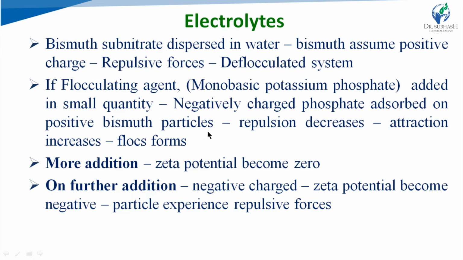So to the substance that had a positive charge, we have added a negatively charged particle. Due to this, the repulsion between the particles decreases, and the attraction between the particles increases, and due to that flocs will be formed in our product.